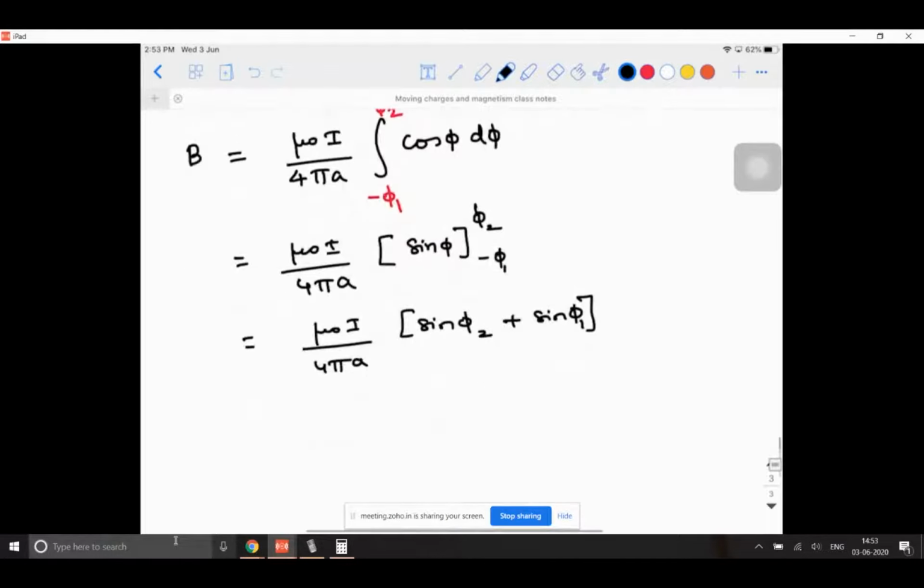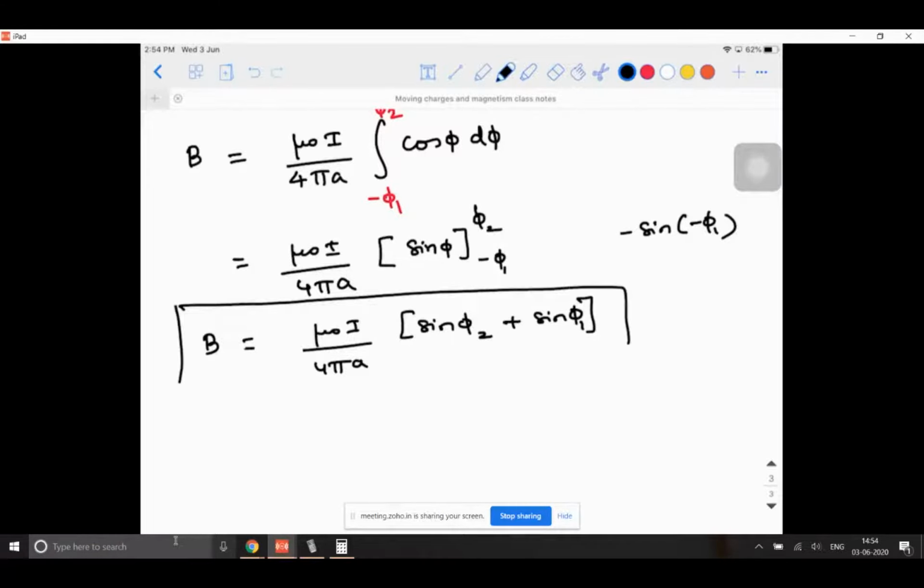The reason I wrote plus sin of phi 1 is you will get minus sin of minus phi 1. Sin of minus theta is minus sin theta. So that is why that plus came out. So B will be equal to mu naught I divided by 4 pi a into sin phi 1 plus sin phi 2. I hope this is clear. So this is going to be the formula.